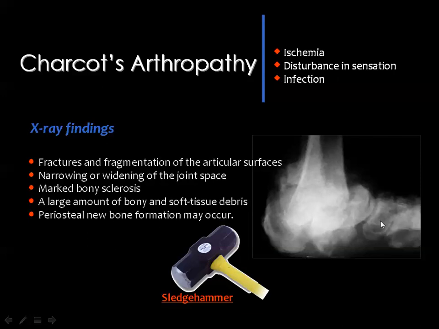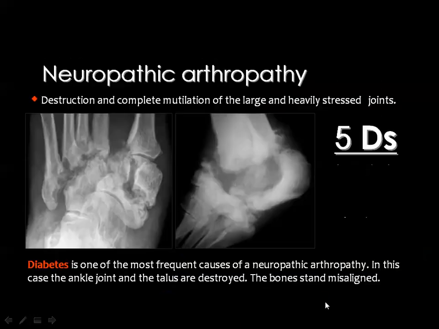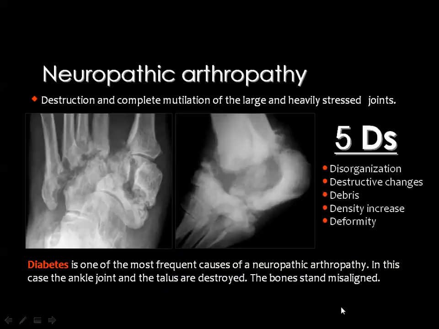Then you get destructive changes, disorganization and fragmentation with bone sclerosis, fractures, narrowing or widening of the joint space, marked bony sclerosis, large amount of bony and soft tissue debris, periosteal new bone formation. And these are summarized in what is known as the 5Ds: disorganization, destructive changes, debris, density increase, and deformity.